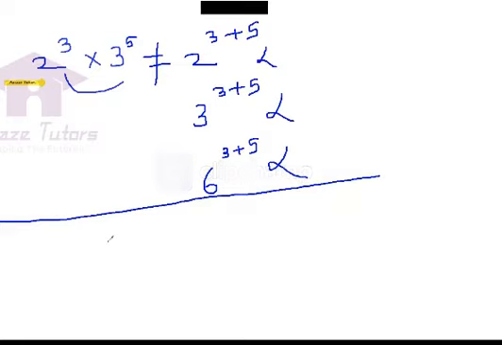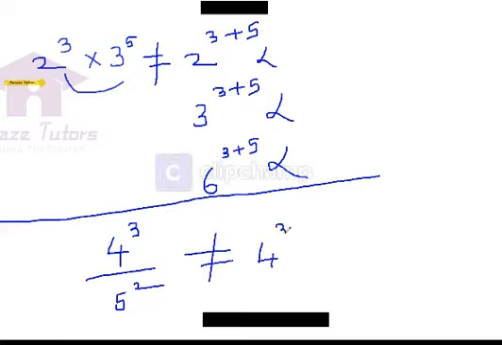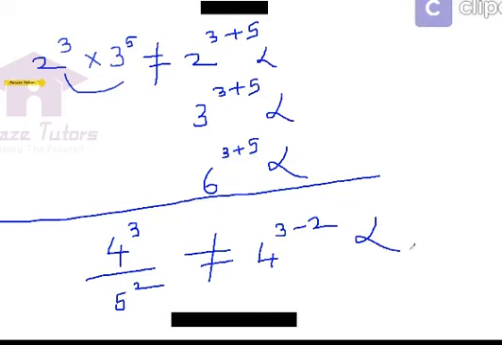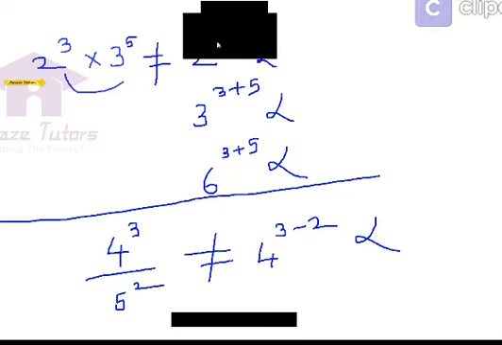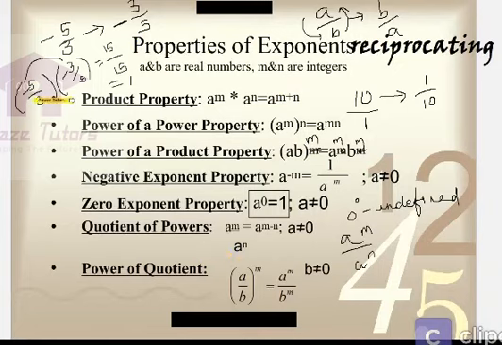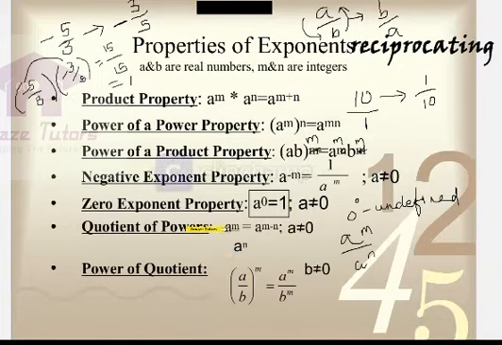So the product and the quotient rule is applicable only when the bases are the same. I'll show you one example on division also. So here again, I cannot apply the subtraction because the bases are different. I hope you understood. So the product property and the quotient property are applicable only when the bases are the same. Kindly remember this. But for the distributive property, it can be any base. Doesn't matter.